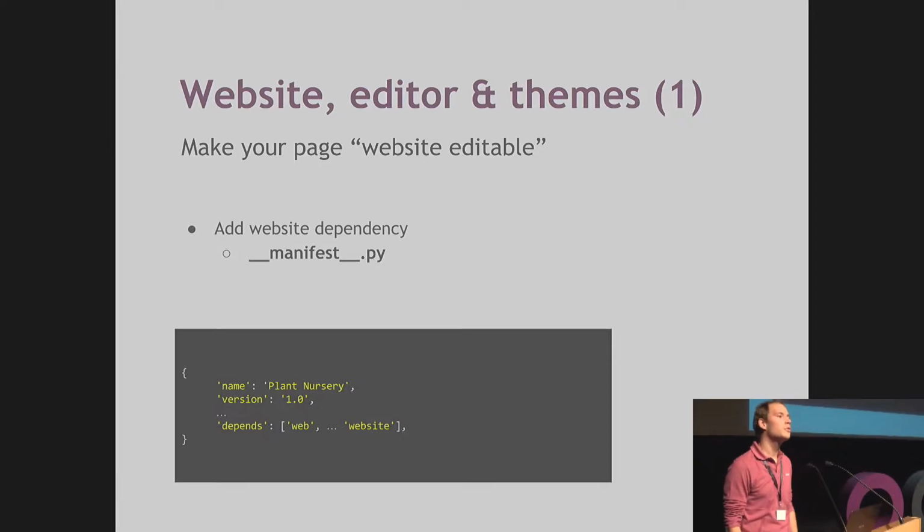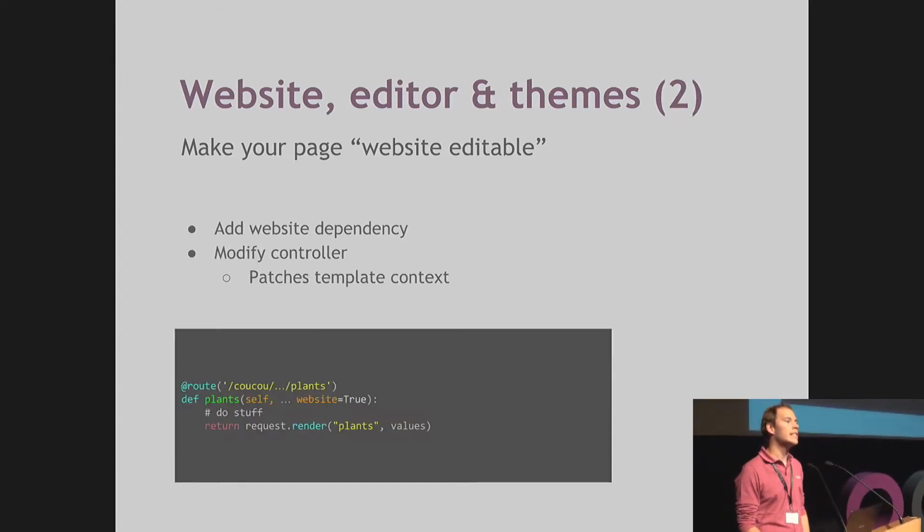So the first thing to do is make your module depend on website. When your module is installed, website is also installed, and you can use everything available in the website app. So in the manifest, just add a website string to make it dependable.